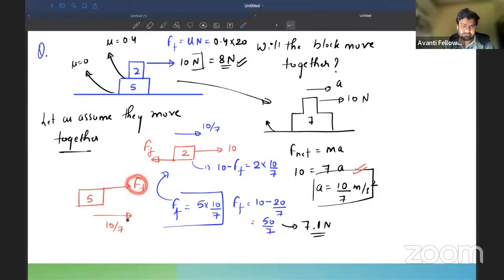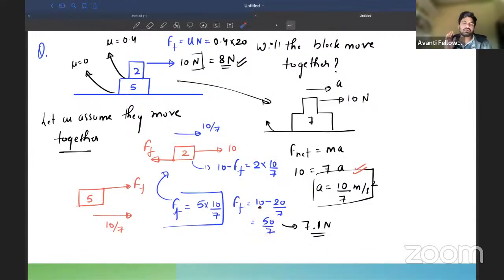So I have equated FF with MA. So it came out to be 50 by 7. That means friction force needed to move the block by 10 by 7 acceleration is 50 by 7. I have checked the same for 2 kg block by finding net force, that is 10 minus FF is equal to MA. Okay, so it came out to be 50 by 7 again.